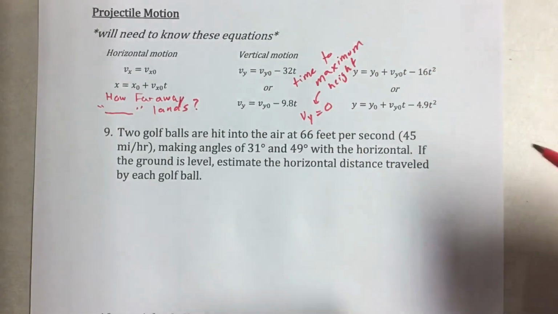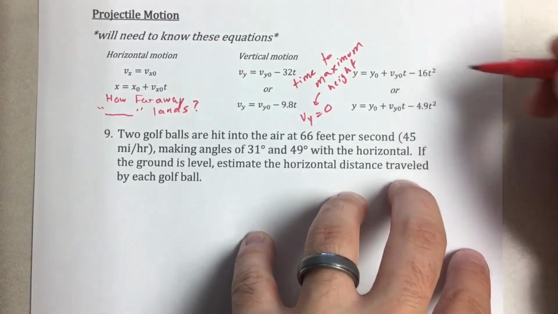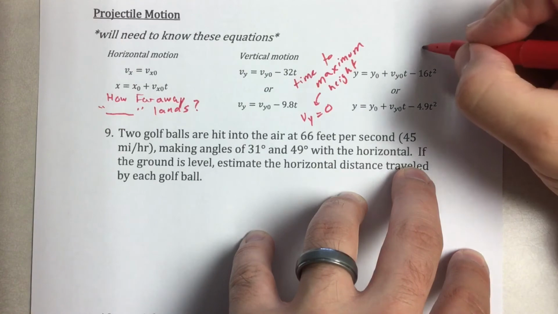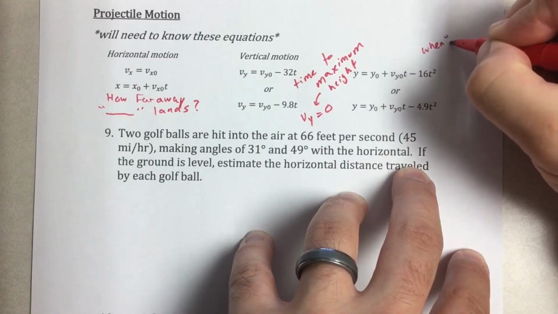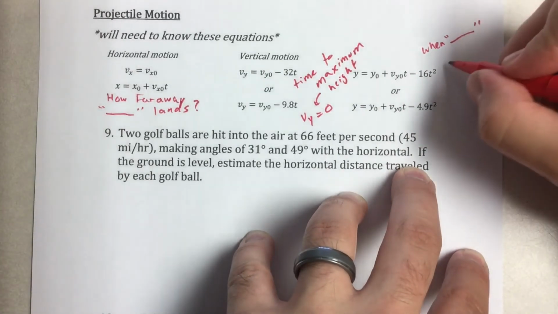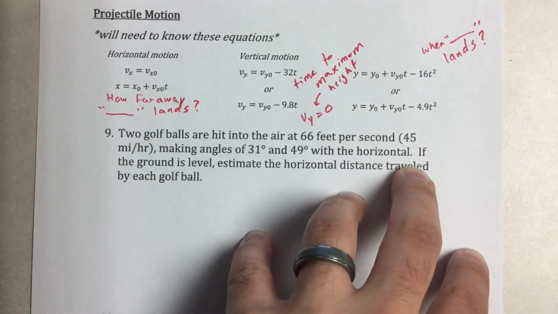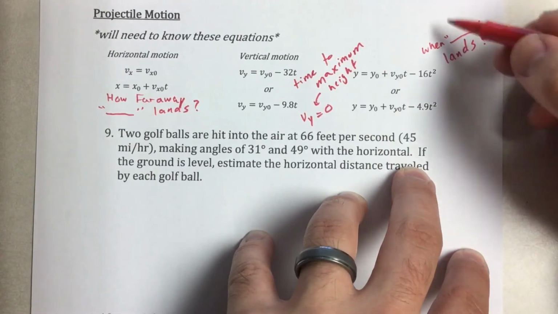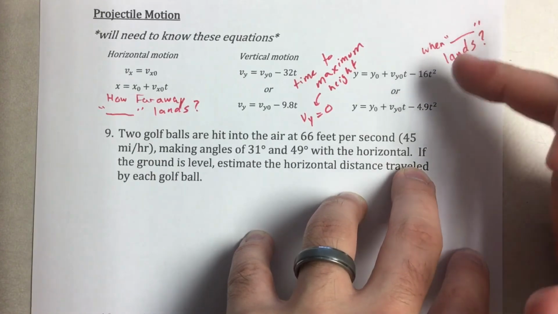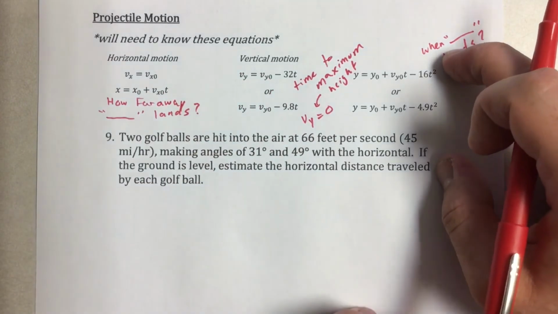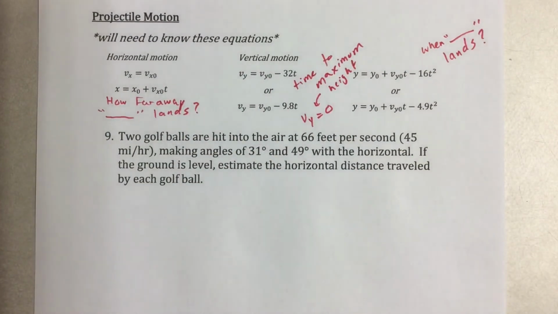Now with the last two, these are going to be perfect equations to use if we want to know when an object lands. Okay? So that's going to give you a time when an object lands, and if you desire to know how far away it lands, we take this time and place it back into over here. Okay? So let's check out some problems.